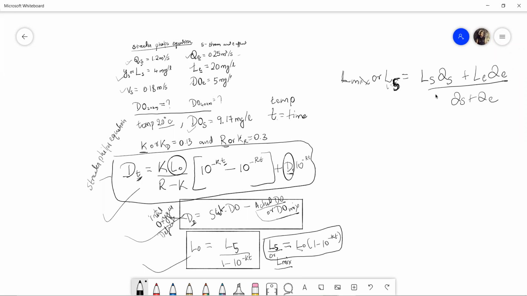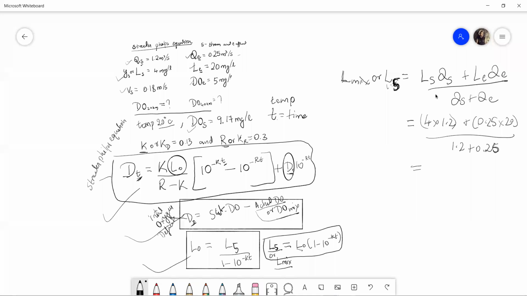Okay, so what is the answer? Tell me. LS is 4 multiplied by QS is 1.2, plus 0.25 multiplied by 20, divided by 1.2 plus 0.25. Right?